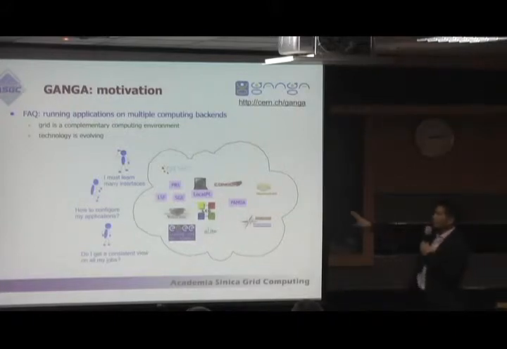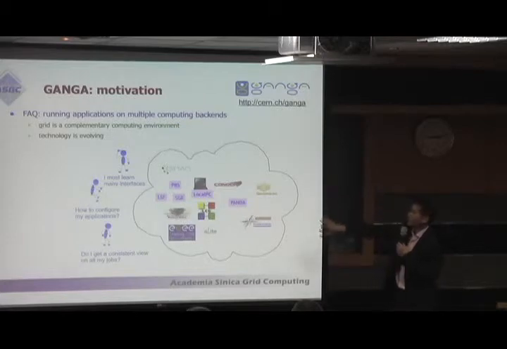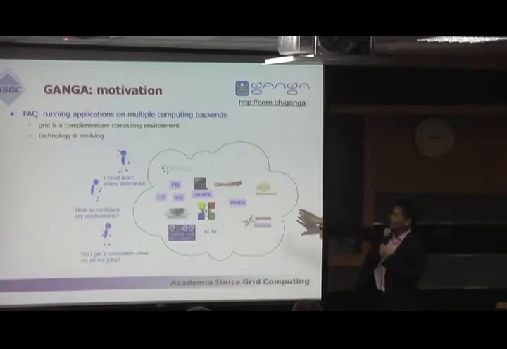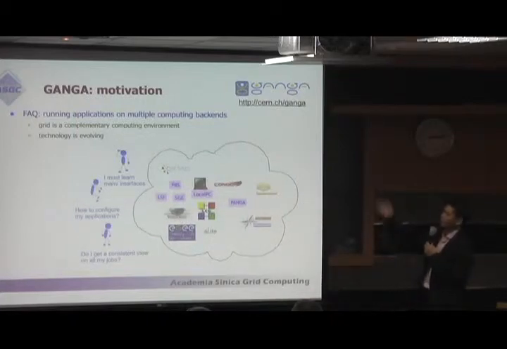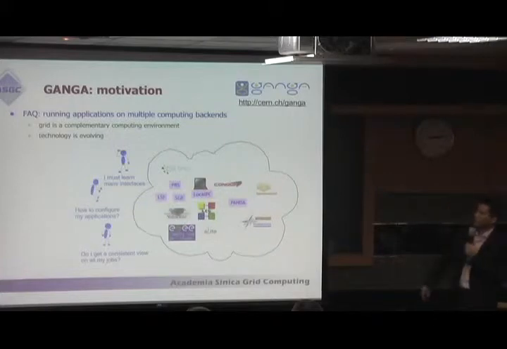Here you can see a lot of things, and maybe you don't know some of them. Basically you have the grid environment, a local PC, and also batch systems like PBS, Condor, Sun Grid Engine, whatever. But those are doing similar things, which is just scheduling your application jobs to the distributed resources.